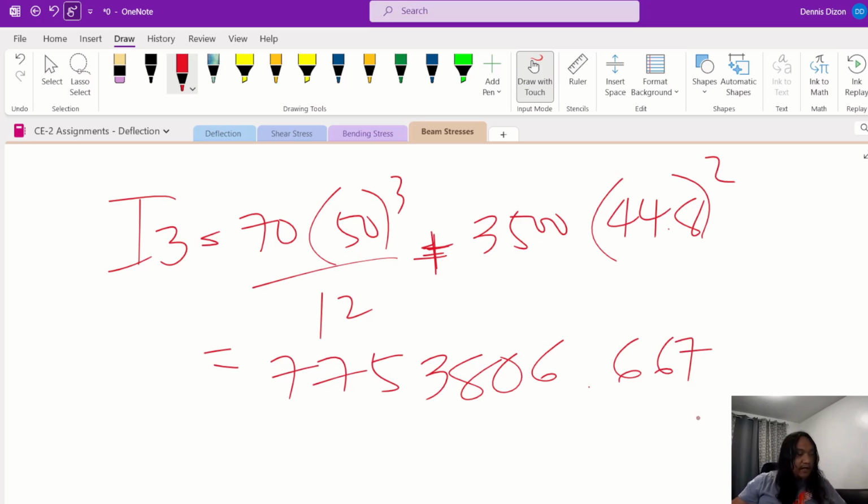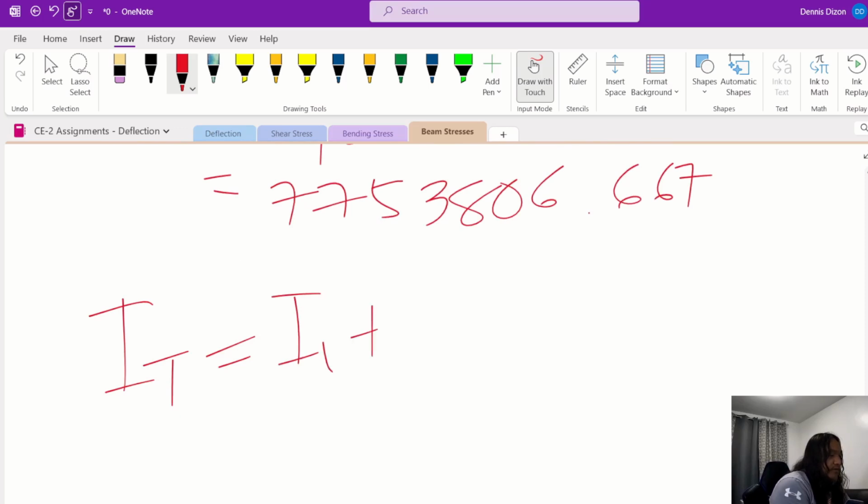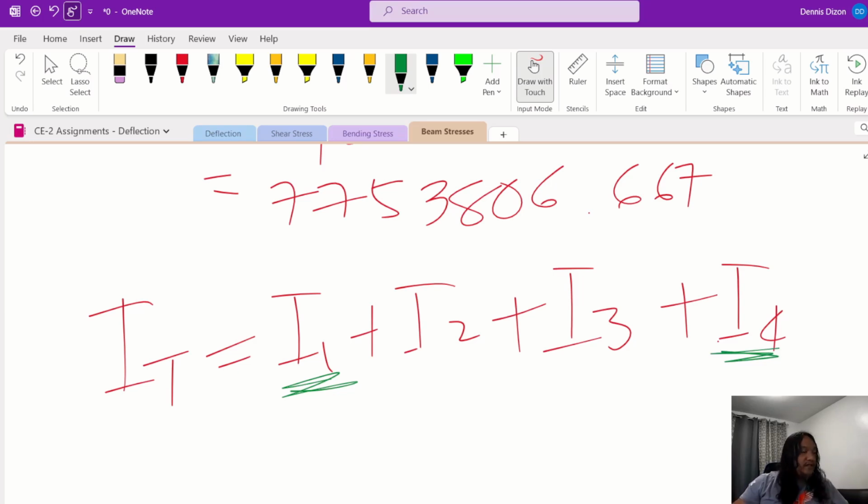So therefore, our total moment of inertia is equal to I1 plus I2 plus I3 plus I4, where I1 and I4 are the same.